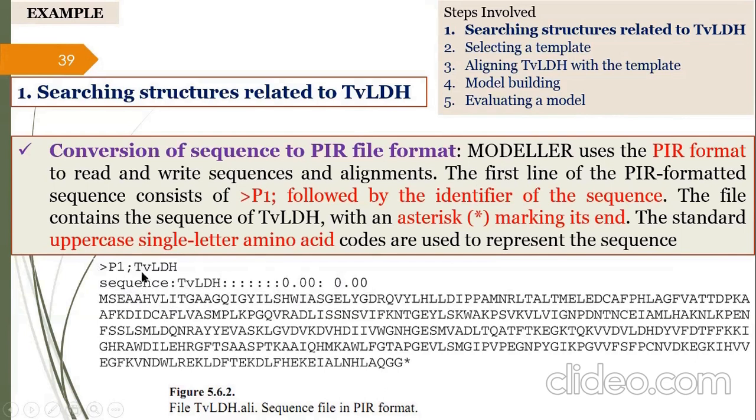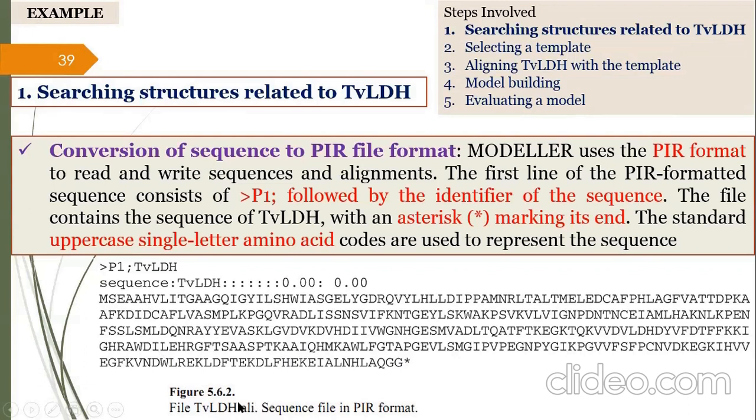This will understand that this is the name of the sequence, and at the end of the sequence there must be an asterisk sign. The asterisk sign will mean this sequence ends here and this is an amino acid sequence. And how will you name it? You will name it as tvldh.ali.